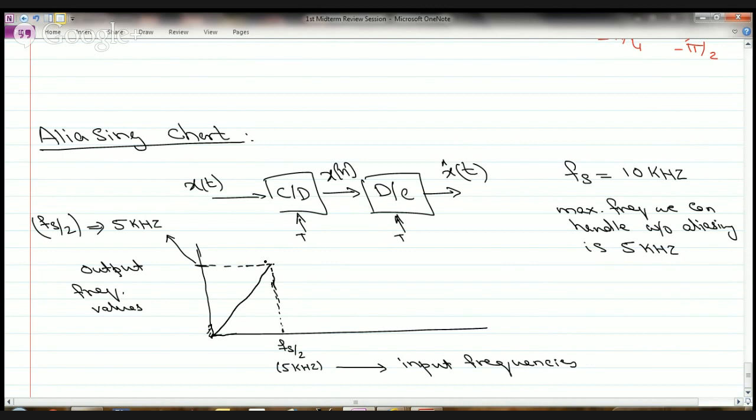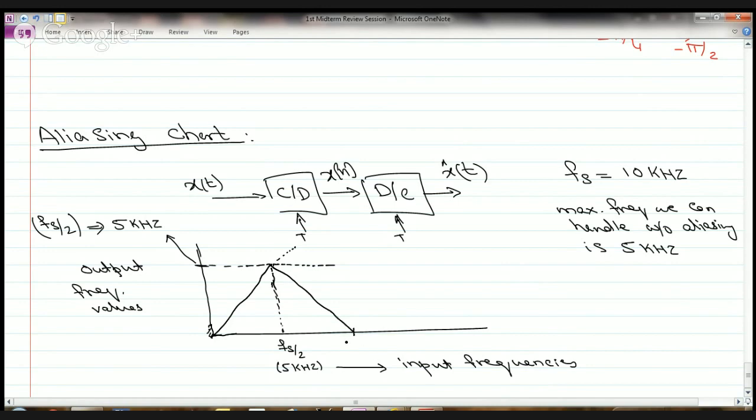Okay. Now, once you go above 5 kilohertz, actually your higher frequency, so ideally you should have been able to go up, but you cannot. What happens is that you fold around this crease, okay, because you cannot go above half the sampling frequency. So at that point, actually, your output frequencies start decreasing.